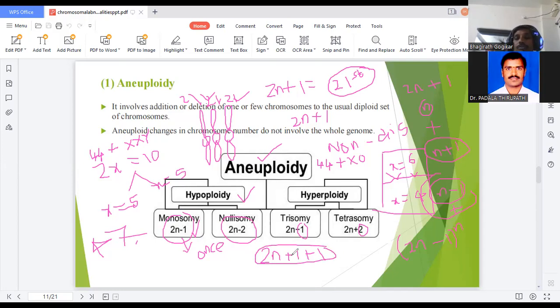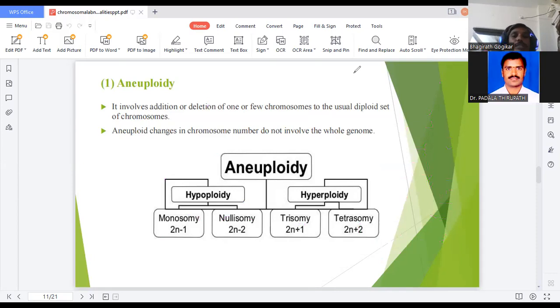It is actually tetrasomic, but the 18th chromosome occurs 3 times and the 12th chromosome also occurs 3 times. 2 different chromosomes occur 3 times. That is nothing but 2n plus 1 plus 1. That is called double trisomic. In this way, you can list some examples for each of monosomic, nullisomic, trisomic, and tetrasomic.